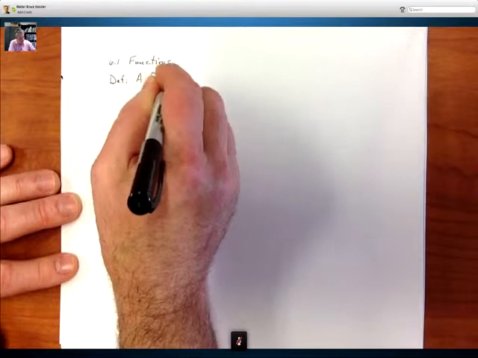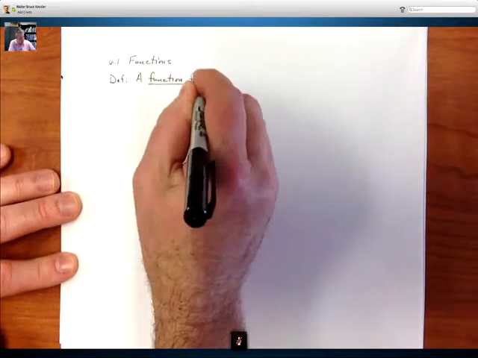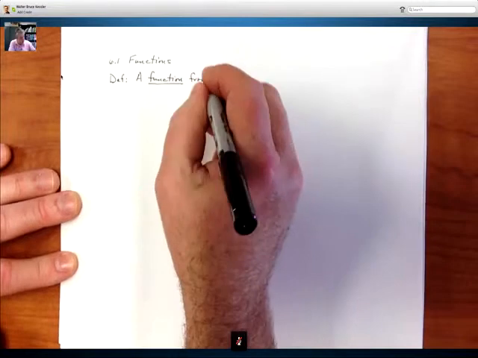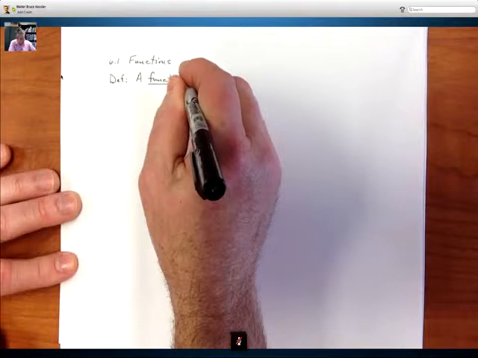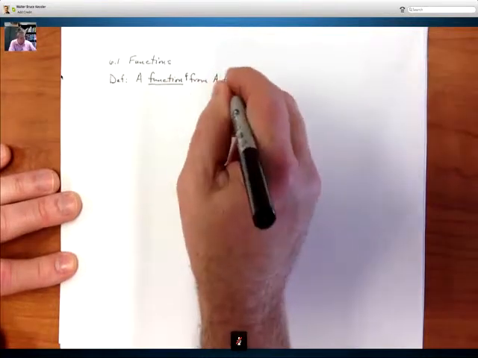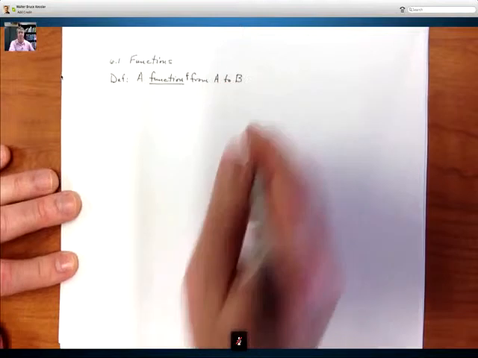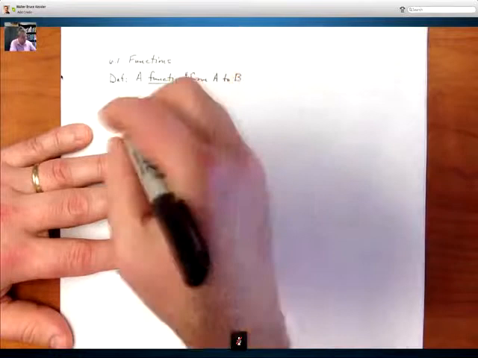A function f from A to B, and I didn't mention that those are sets, but I think that in the context makes sense, right?